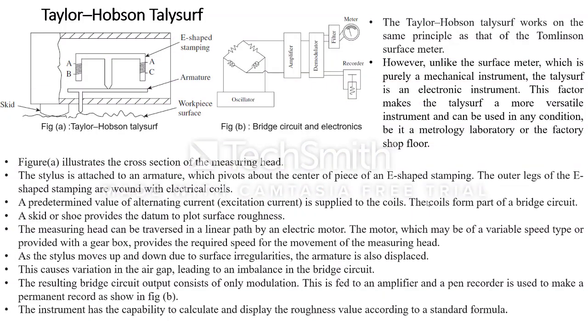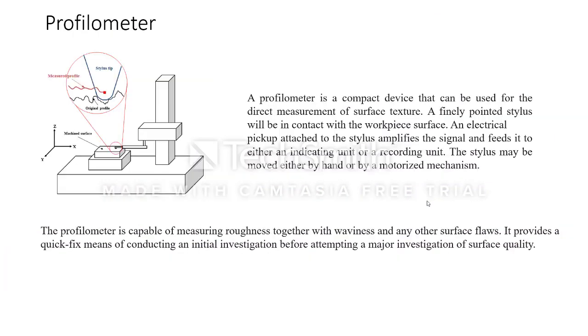Now we are coming to the last instrument, which is the profilometer. This is a handy, compact device you can carry anywhere, and the main advantage is that you can measure the roughness either by moving it by hand or by controlling it electrically.